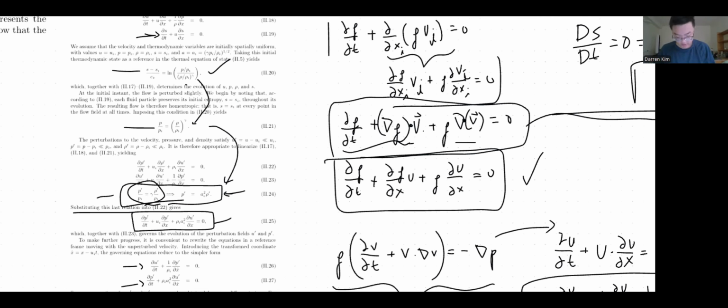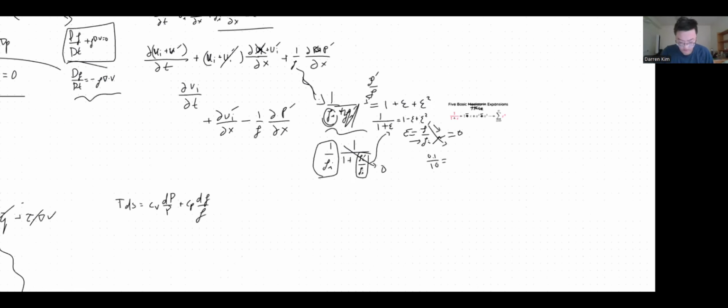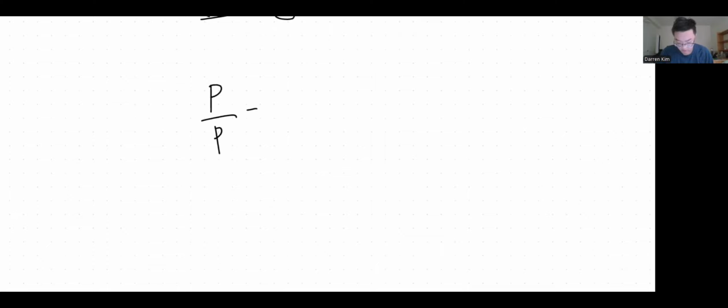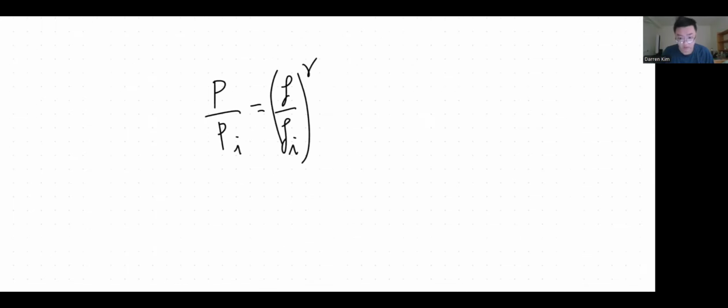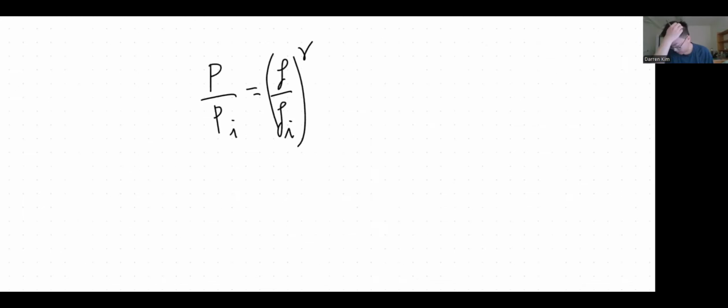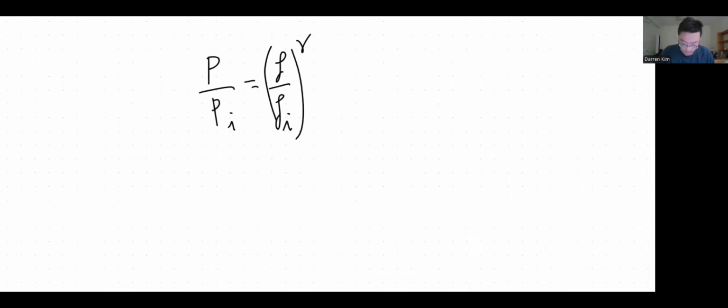Let me do that real quick, which is a little bit tricky, and I'm pretty sure it belongs to Taylor series. Always Taylor series. Good old P over PI equal P over PI. No. Rho over rho I alpha. And then we can just do a little bit of manufacturing, which is P equal, I believe, P prime plus PI or something like that.